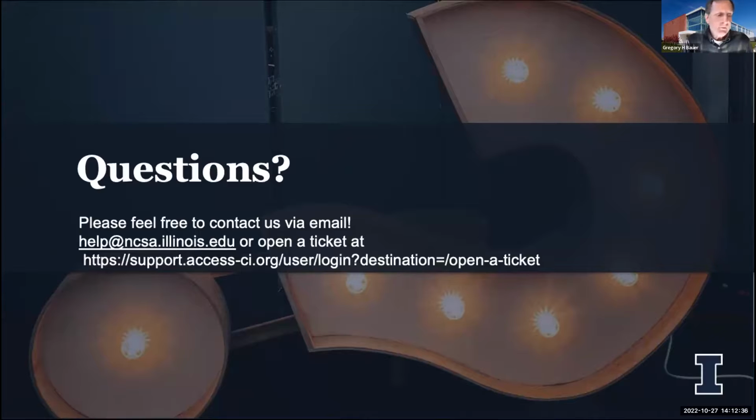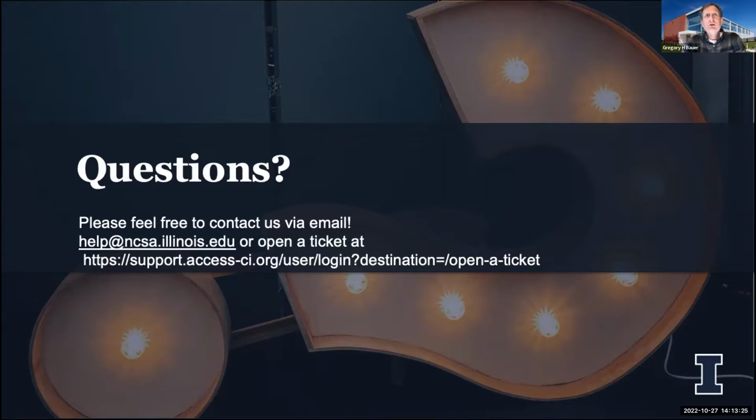Some people on the session today are already aware of some of the features that Access provides. So if you're coming in through an Access allocation award, Access, through the user support award led by the group at UC Boulder, has enabled some interesting functionality. If you want to submit a ticket for Delta with respect to the Access program, there's a web form available through the support page that'll submit a ticket into the Access RT ticket system, which we'll look at, and we will look to see whether it's an issue with Access or an issue with Delta itself.